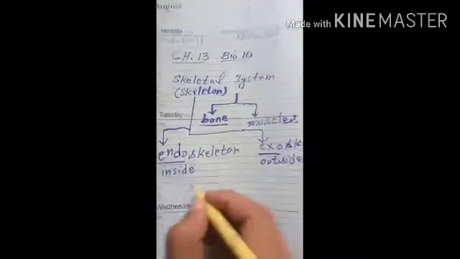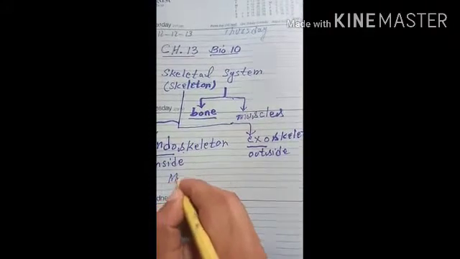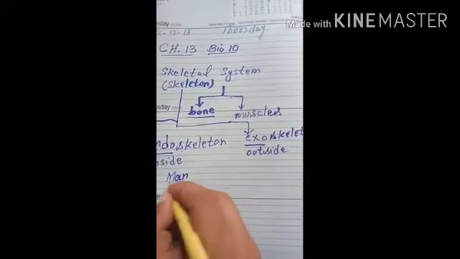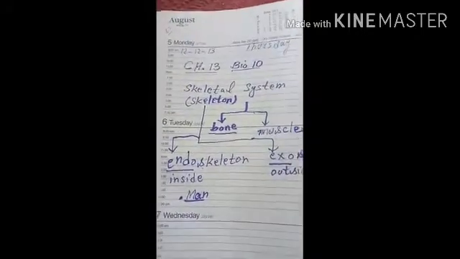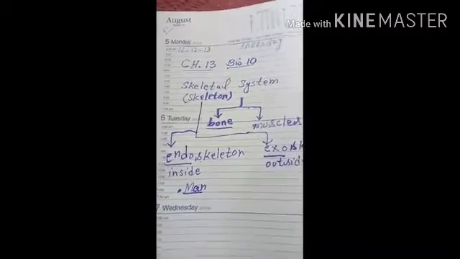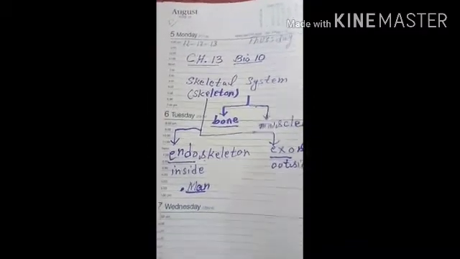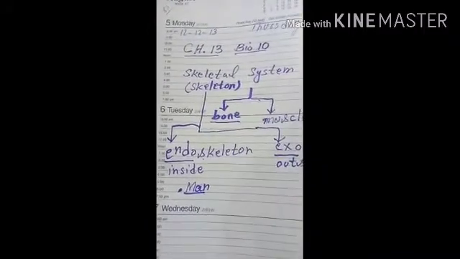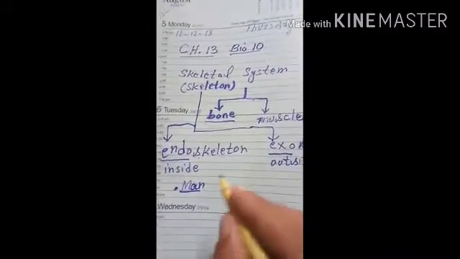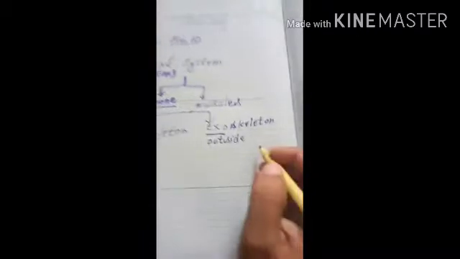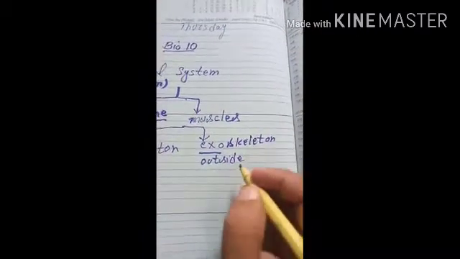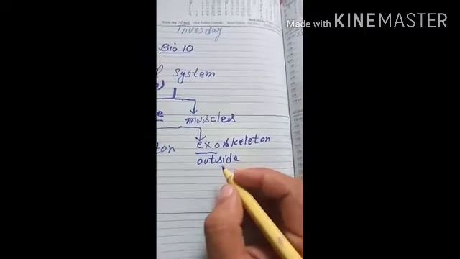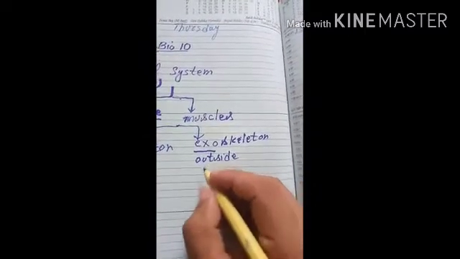The skeleton of human beings is endoskeleton, and other major vertebrates like lions, tigers, dogs, cats, birds, etc. also have endoskeleton. Now we talk about exoskeleton. Exoskeleton is like a covering present outside the body.